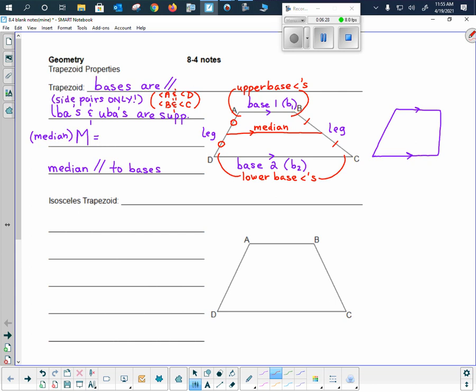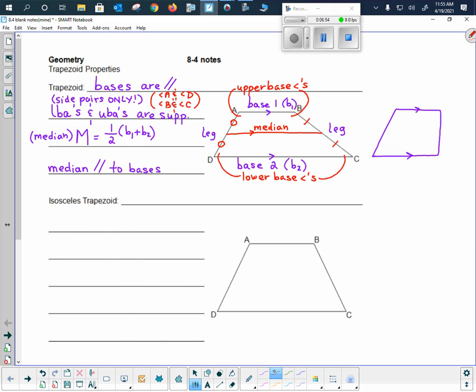Okay, now as far as its relationship to the trapezoid, a median is 1/2. Go ahead and keep that horizontal fraction bar. 1/2 of the sum of the bases, meaning you would add b sub 1 plus b sub 2 and divide by 2. Okay, now that's the way it's usually written. However, for ease, right guys, that's times.